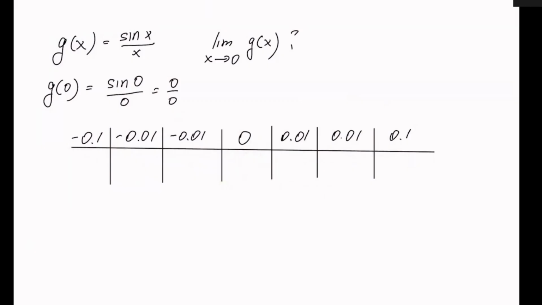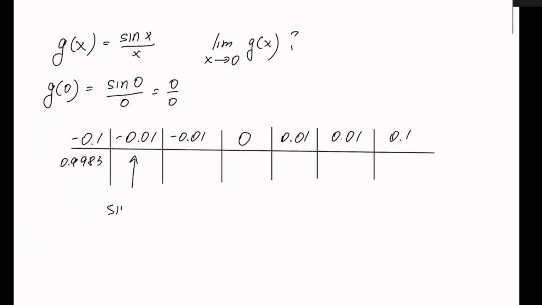So when x is equal to negative 0.1, I have sine of negative 0.1 over negative 0.1. The solution for this one will be something close to 0.9983.